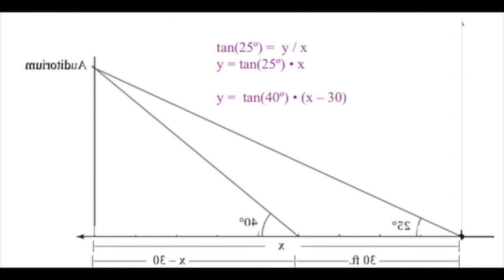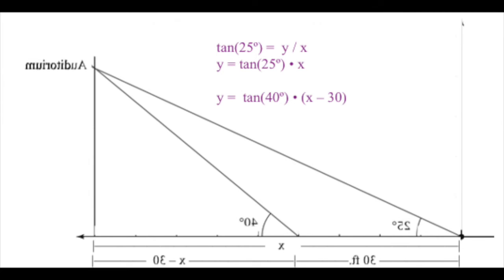If I change those 2 equations just by cross multiplication so that y is isolated by itself, I have 2 equations where it's y equals something. And the transitive property says if 2 things are equal to the same thing, then they're equal to each other.